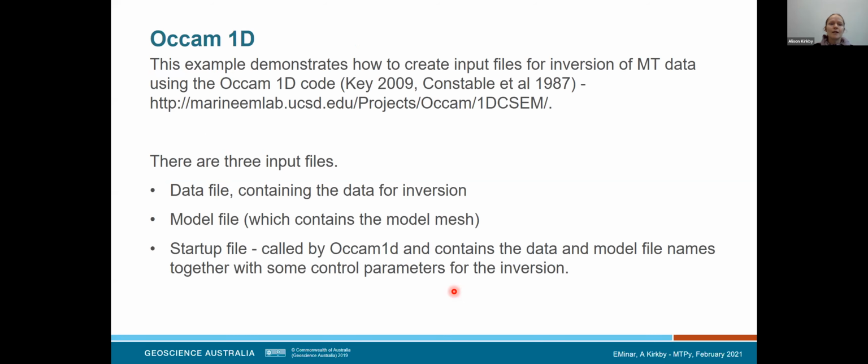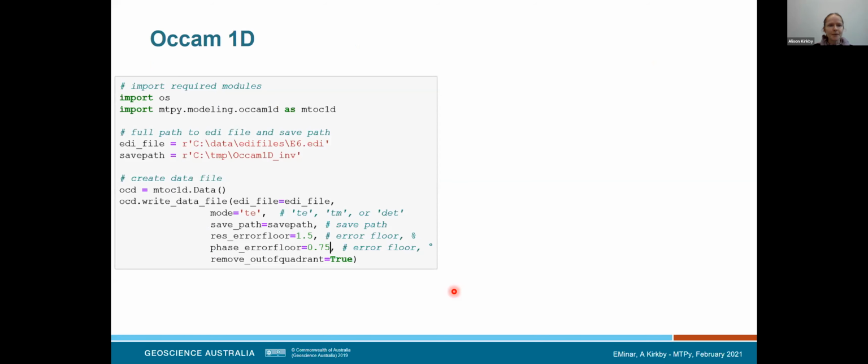Okay, so for Occam 1D, there are 3 input files that you need to create: the data file, the model file with the mesh, so the cell thicknesses, and the startup file, which is kind of a control file. You need to import the Occam 1D module and provide the path to the EDI file.